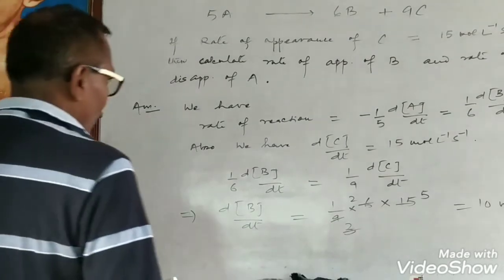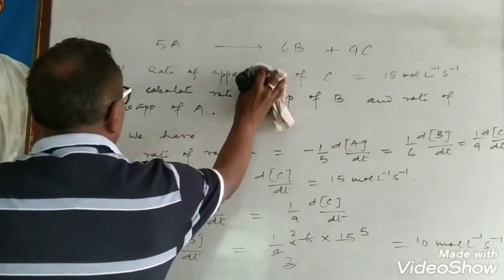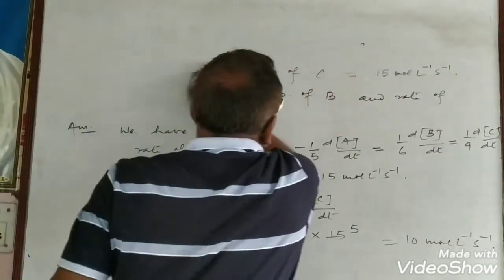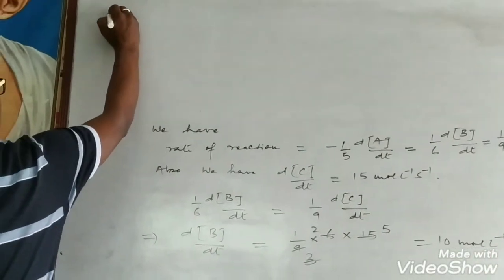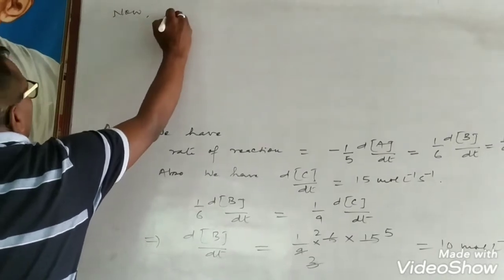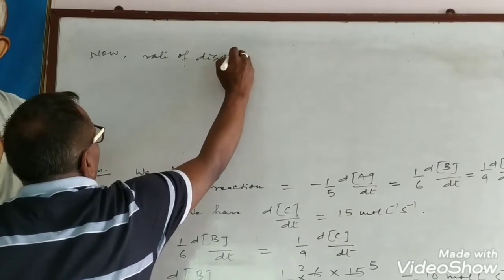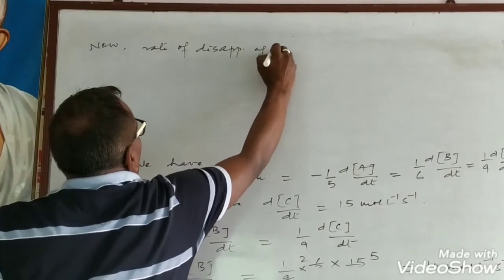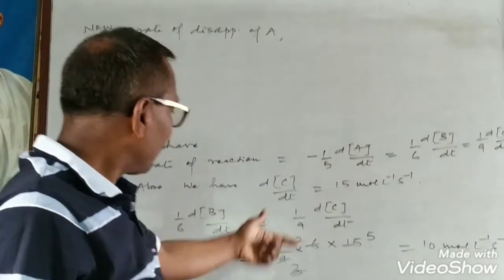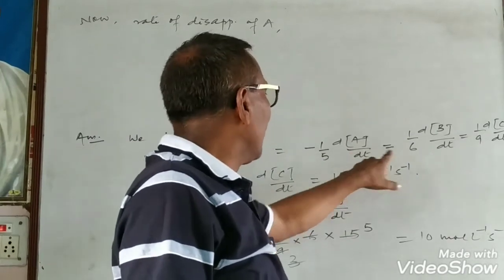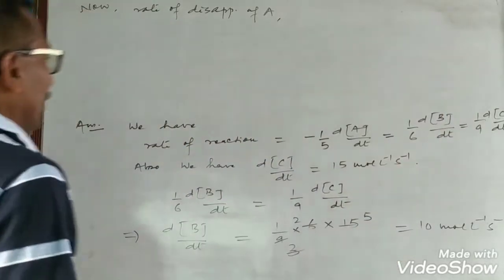Similarly, we can calculate the rate of disappearance of A. For this, we consider any of the relations, either the relation between A and B or A and C, whatsoever.